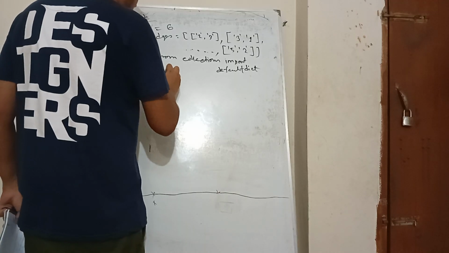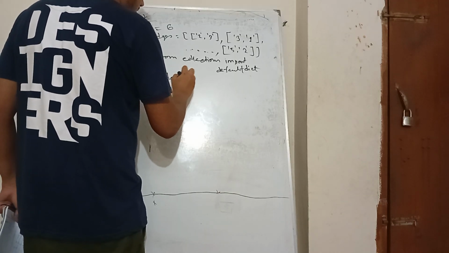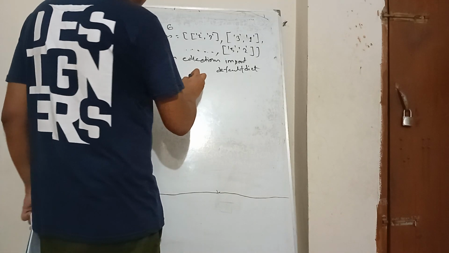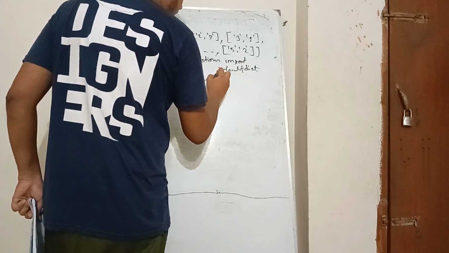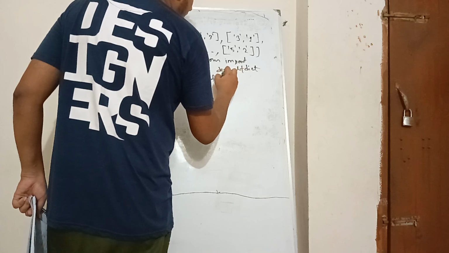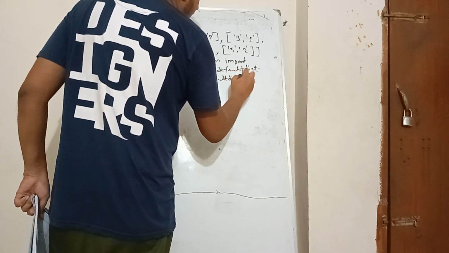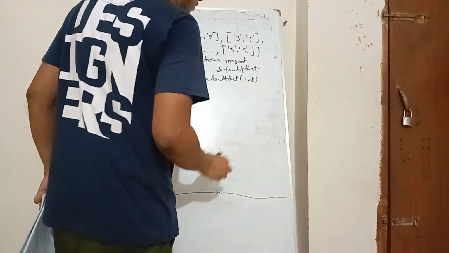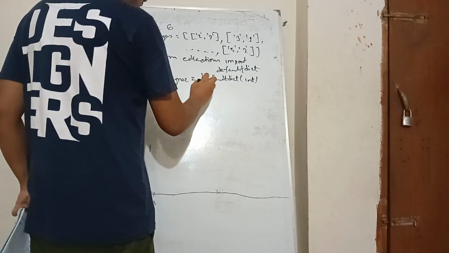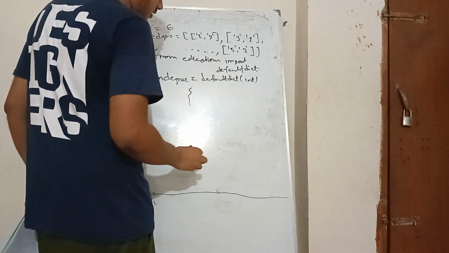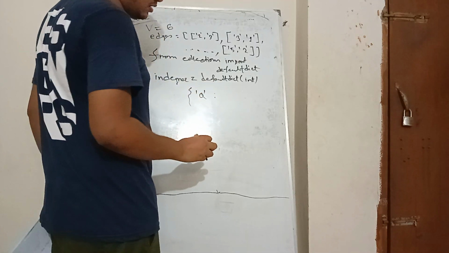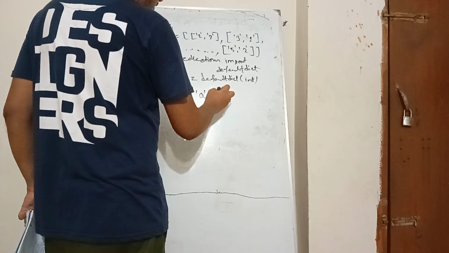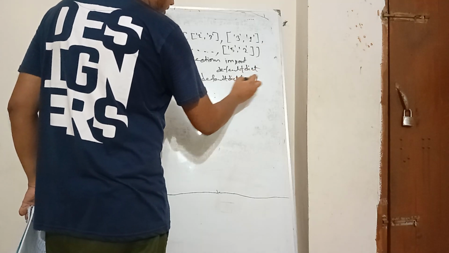We keep track of in degrees of the vertex. So in degree equals defaultdict int type. That means in the dictionary, suppose this is a key A, it will have the value of int type.